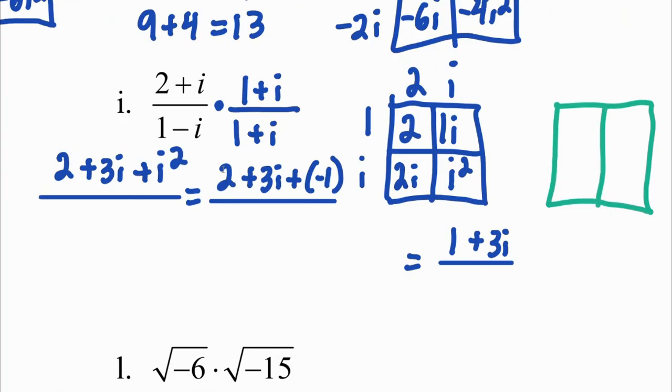So I'm going to do 1 minus i times 1 plus i. So 1 times 1 is 1. 1 times negative i is negative i, or negative 1i. 1 times i is positive i. And then i times negative i is negative i squared. So I'm going to get 1. And then we should again see that those regular i's are canceling.